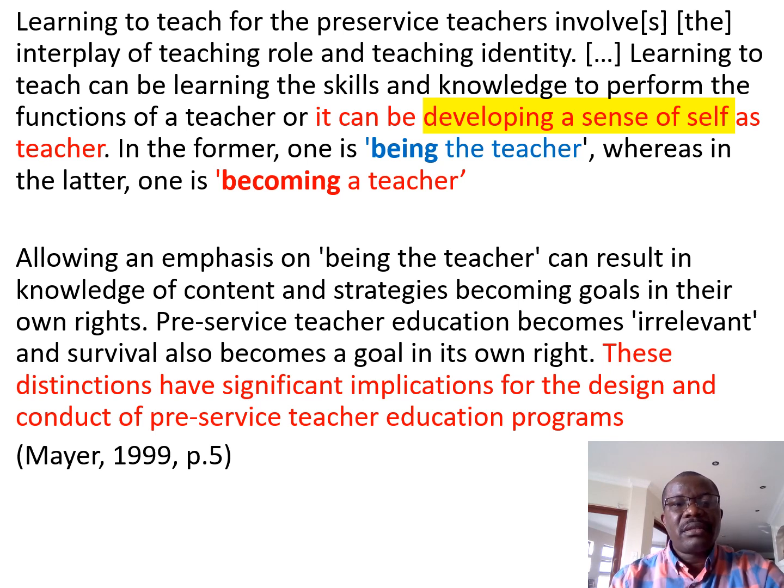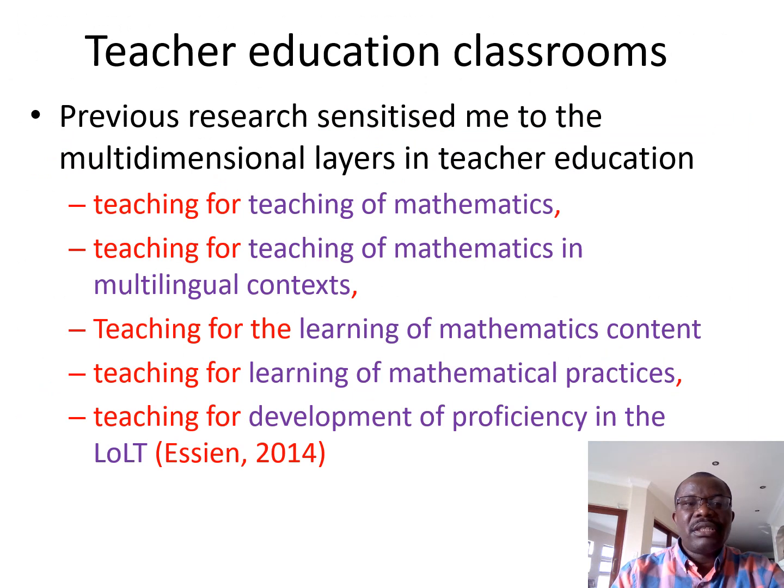In the former, one is being a teacher, whereas in the latter, one is becoming a teacher. Meyer goes on to say that these distinctions have significant implications for the design and the conduct of pre-service teacher education programs. And being a teacher educator myself, I take this very seriously.